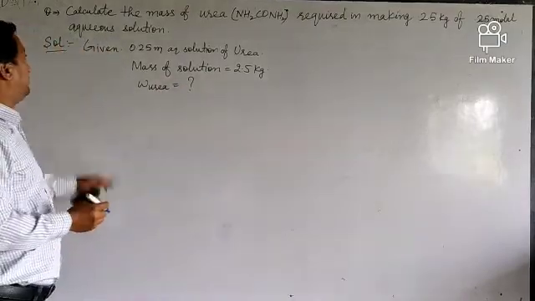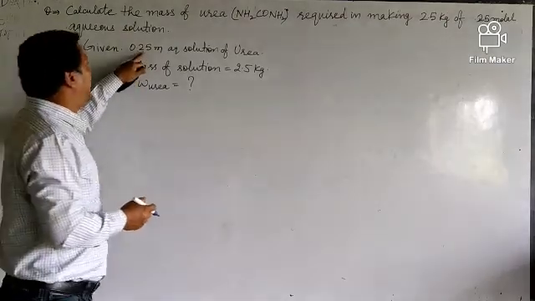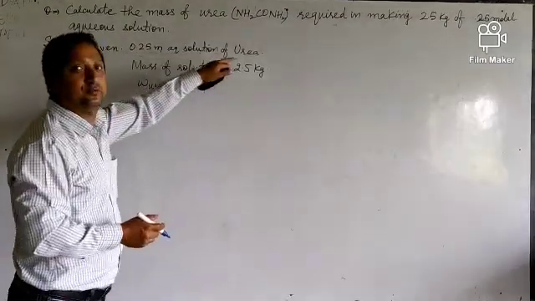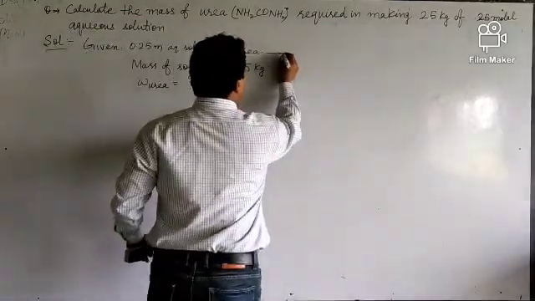Okay, so two to three things are given. First is 0.25 molar aqueous solution of urea. What does it mean? First of all, we have to see what it means.